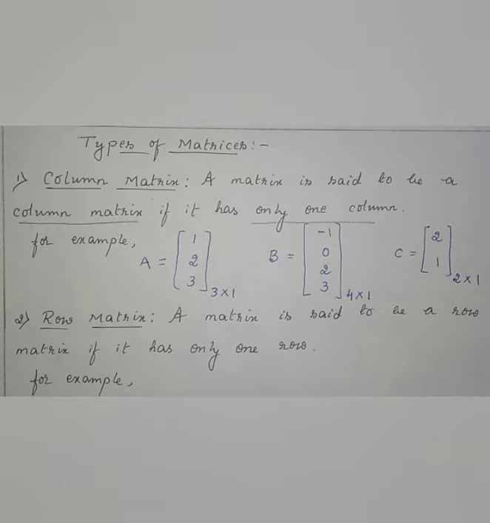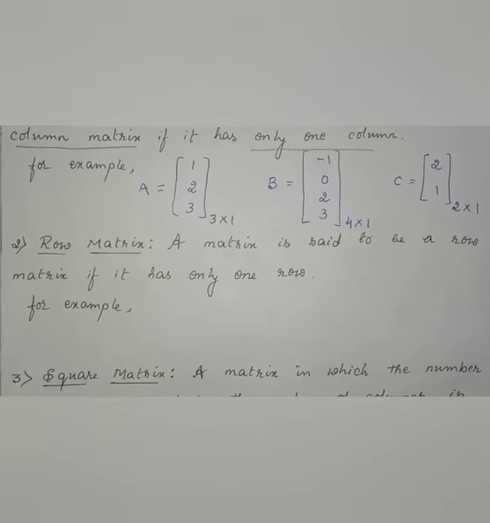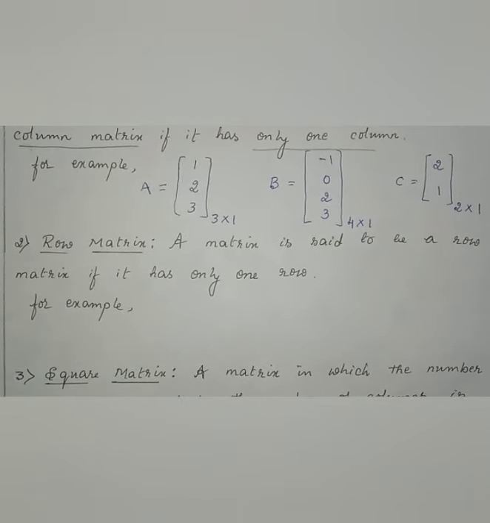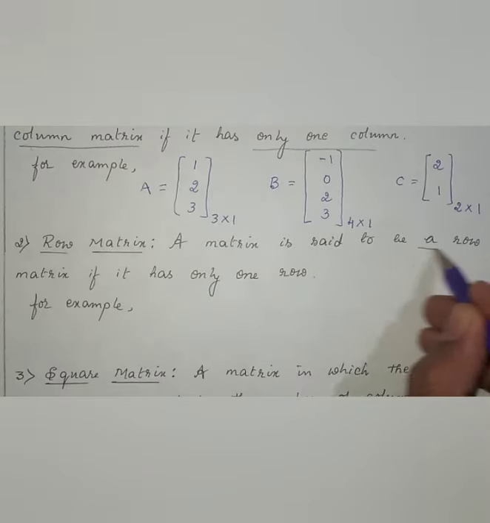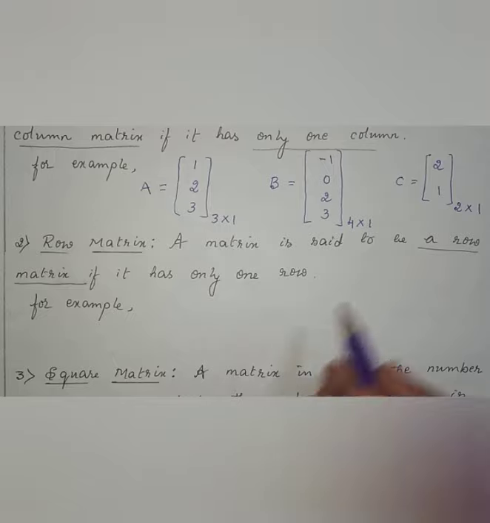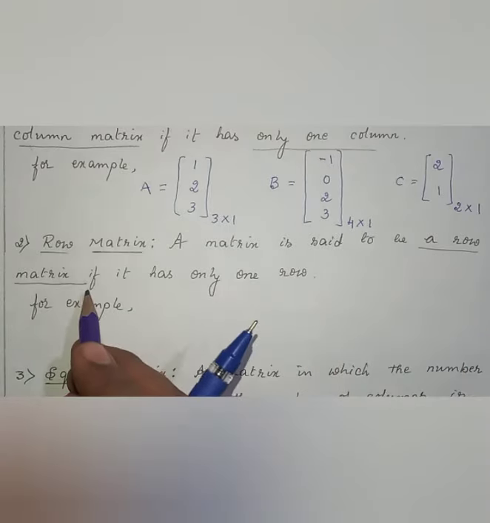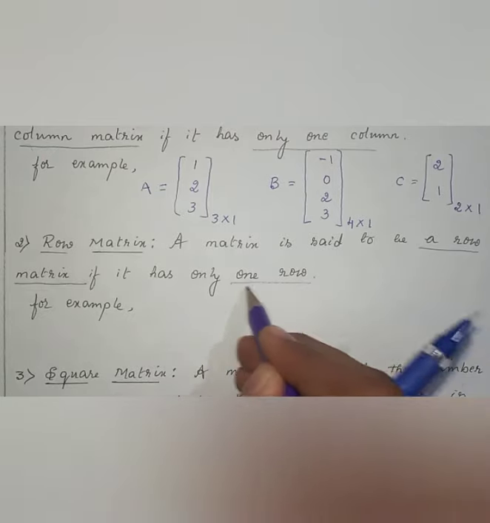Is it okay? Next, similarly, we'll define the row matrix. A matrix is said to be a row matrix if it has only one row.